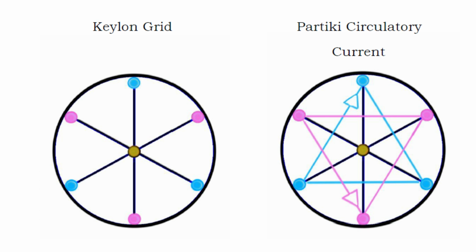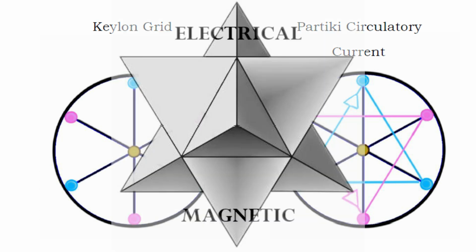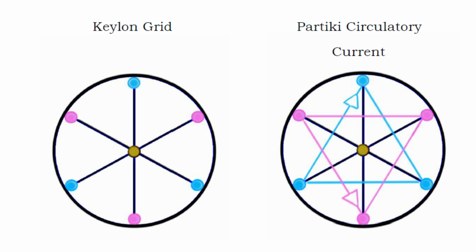All right? You want to look at, okay, there's 6 points, right? And obviously to the right there, you can see that star shape. That also looks like a Merkaba shape, right? 6-pointed star. Okay, and then you can see arrows moving with the pink and with the blue in 2 different directions.